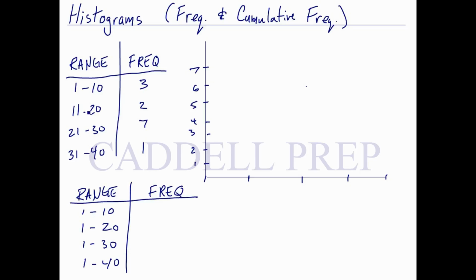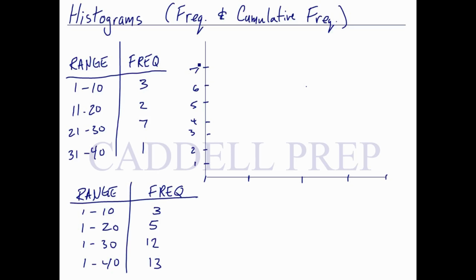So now the frequency for 1 to 10 is still 3. But now when we go up to 1 to 20, we have to include these 2 more, so it becomes 5. Then when we jump up to 30, we pick up 7 more values, so 5 plus 7 is 12. Then when we jump up to 40, we have to add this one more, so it's a total of 13.